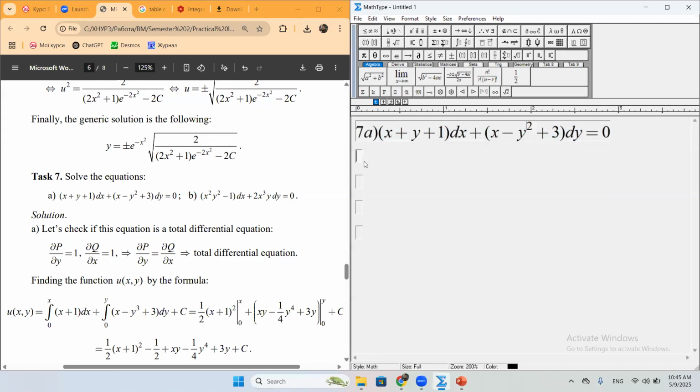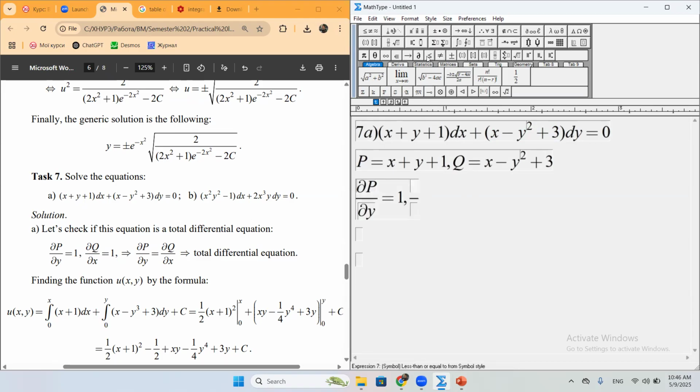Reminding you how to do it: P equals this expression and Q equals this expression. We need to check if dP by dy equals dQ by dx. So dP by dy equals 1.